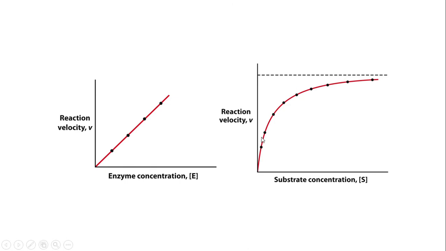However, this is less dramatic as substrate concentration increases, and at very high concentration it actually levels off, as we see here, as it approaches its maximum value. And that is when all the enzyme present is saturated with substrate.